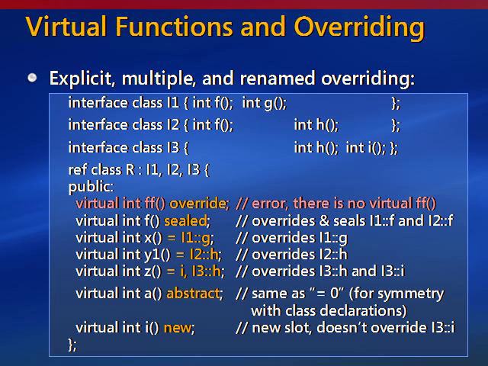But I can also say, for instance, that z is overriding all instances of I, and there happens to be only one I. But if I had written h, it would find all of the instances of h in any of the base classes and override all of them.